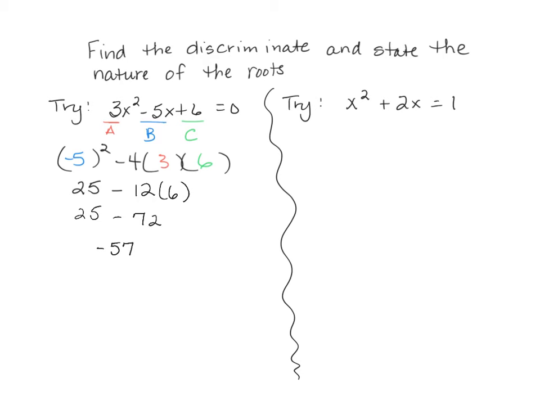Check me on that one, but I think I look good. Now it's negative. My discriminant is negative, so I found my discriminant. Now I want to state the nature of the roots. Because it's negative, I would have two imaginary solutions. Try the next one.